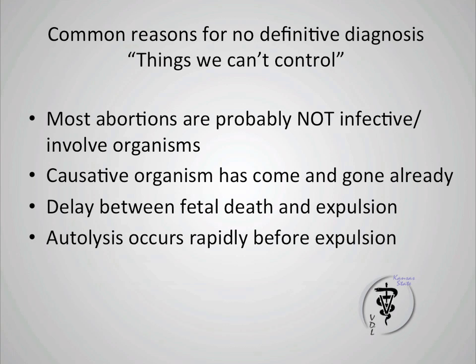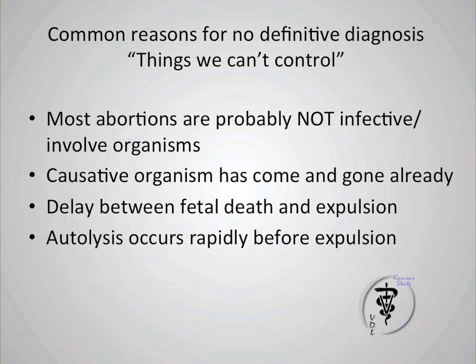Maybe most abortions aren't infective. We emphasize the infectious causes, but maybe things like snowstorms and running through a chute. I know we had a case late last year or earlier this year that actually turned out to be anaplasmosis related in the dam. So that would technically be infectious, but it was really more of an individual case, not a transmissible, not a contagious infectious cause like we're looking for with most of these workups.